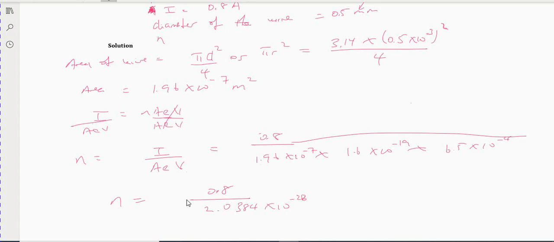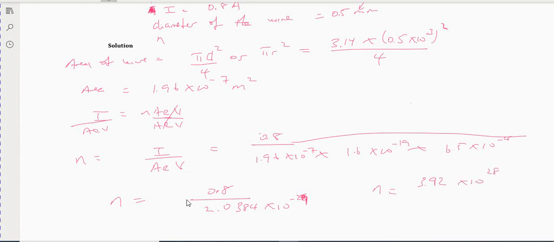Right, so 0.8 divided by all of that, 10 to the minus 29 rather. So it's actually 29 and not 28. I get a value to say that N is equal to 3.92 times 10 to the 28.